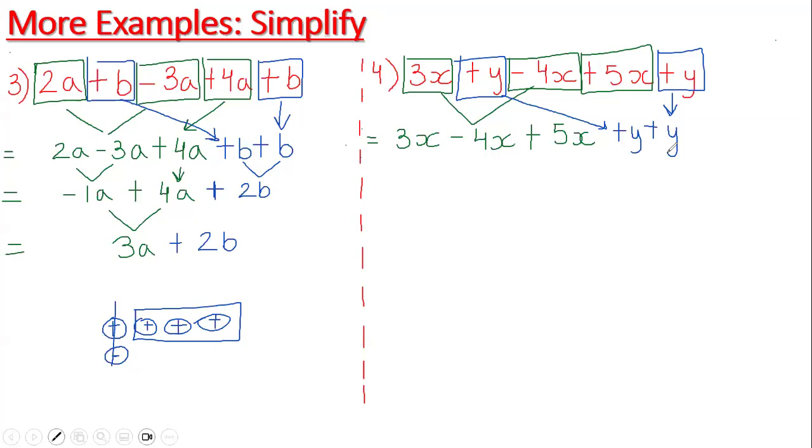Okay, so now we have that. What are we gonna do now at this point? We have to add the x's. So 3x minus 4x equals negative 1x, because we take the sign from the bigger number.